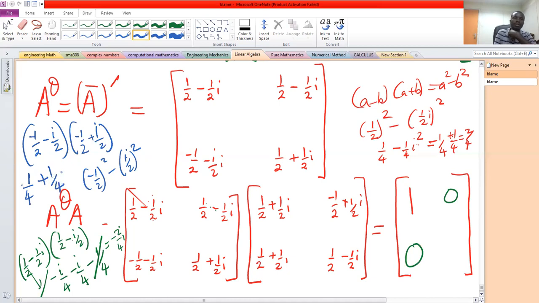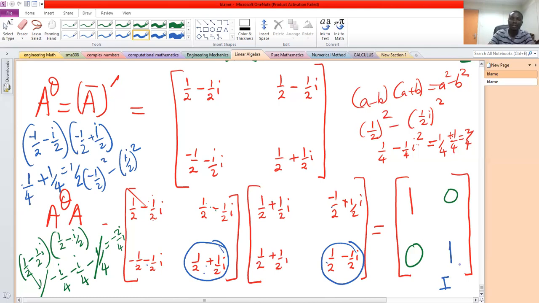A quarter plus a quarter is a half. And this other product here is still a difference of two squares, so we'll also get another half in this product. When you add this half to the half we got here, we get 1. And this is an identity matrix.